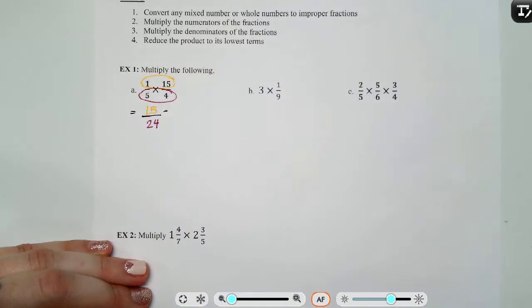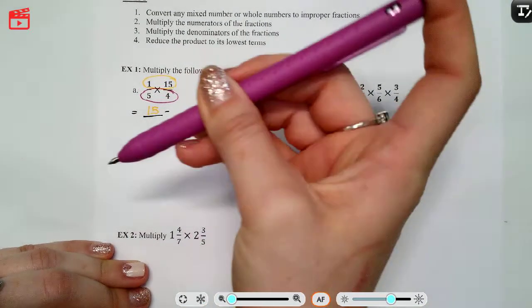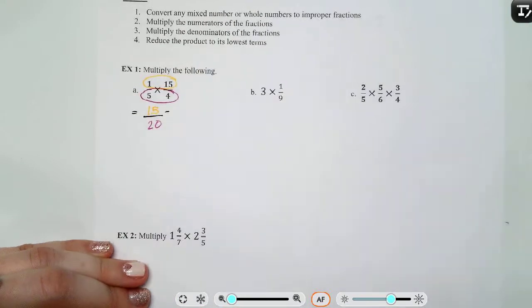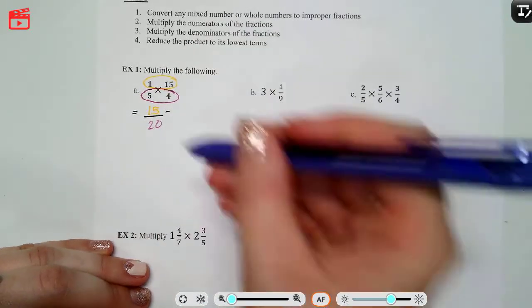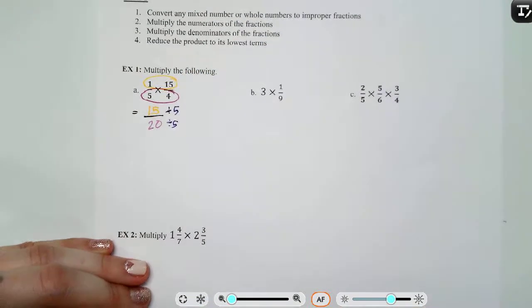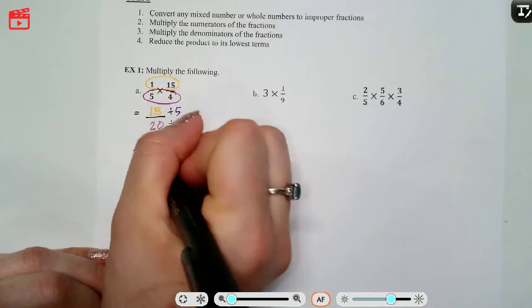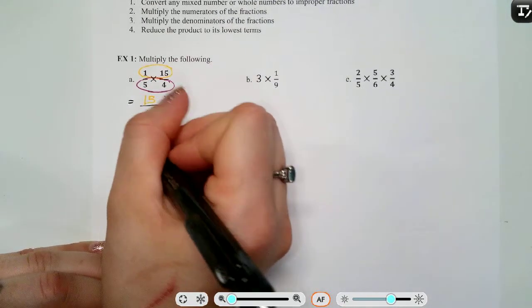Wait, that's not 24. 5 times 4 is 20. Okay, those are both divisible by 5. Okay, we're going to simplify. Divide top and bottom by 5. 15 divided by 5 is 3. 20 divided by 5 is 4. And there we go.